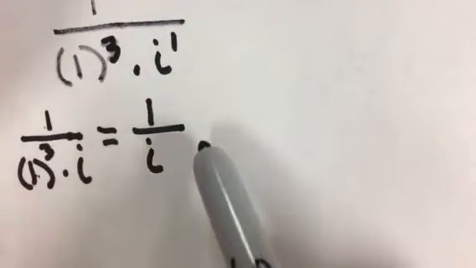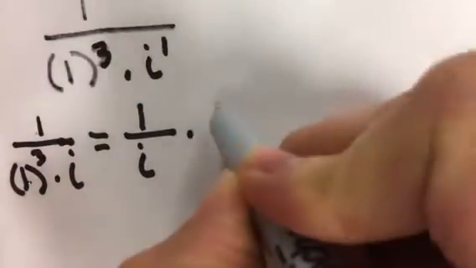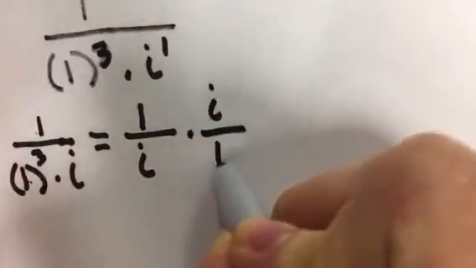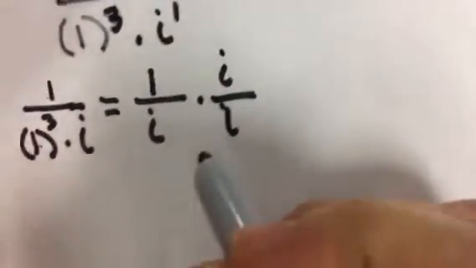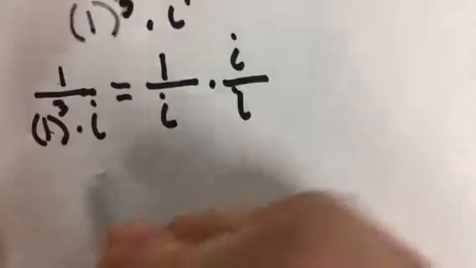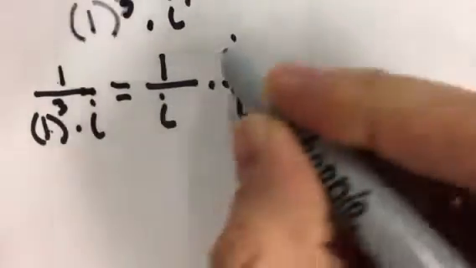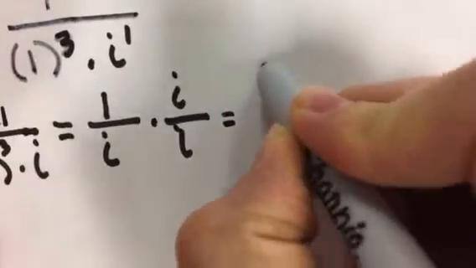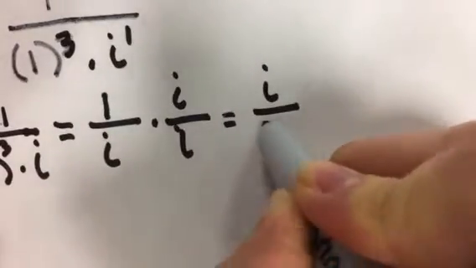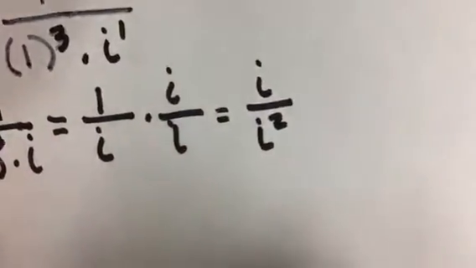However, if we multiply this expression by i over i, then we get this. So 1 over i times i over i equals i over i squared.